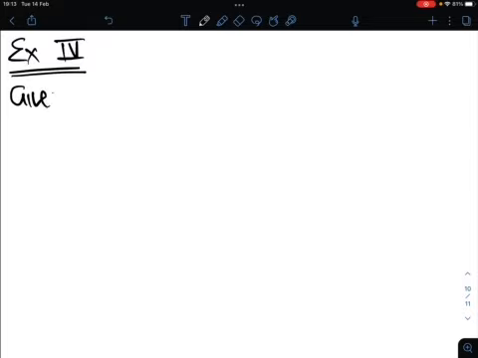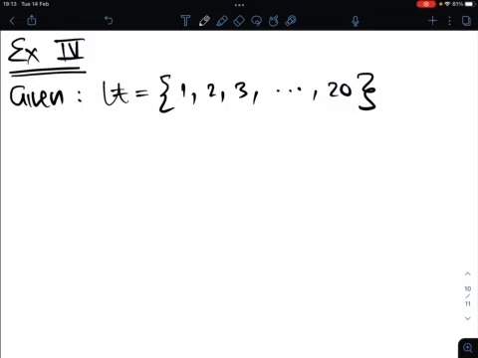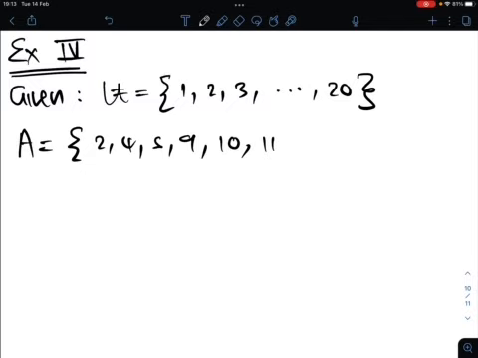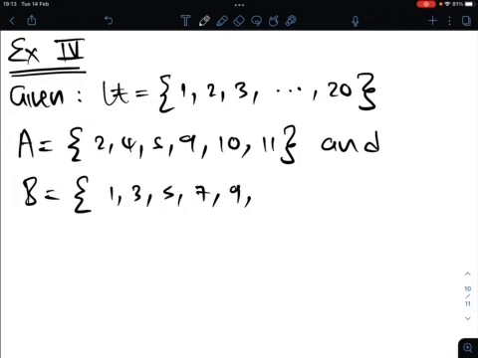Given the universal set U, which consists of numbers 1, 2, 3, up to 20, and a set A, which is 2, 4, 5, 9, 10, 11, and another set B, which consists of 1, 3, 5, 7, 9, 11, 13, 15, 17, 19.